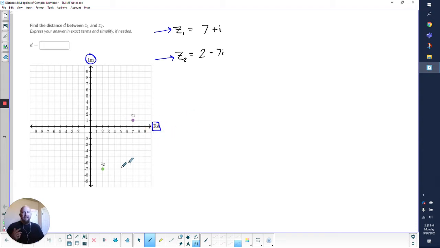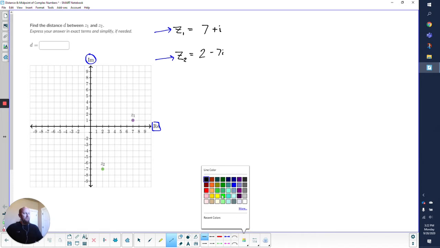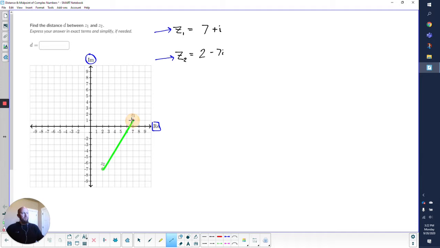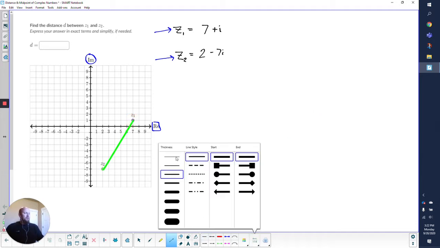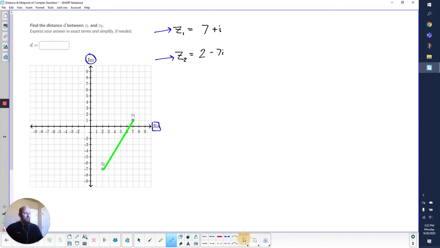All right, so the idea of finding distance between these two is something we can handle at a very basic level, calculation-wise, and it is trying to find, in a graphical or visual sense, this distance right here. If I go from this point to this point on the complex plane, how far is that? Well, basically what it amounts to is a right triangle and its hypotenuse.